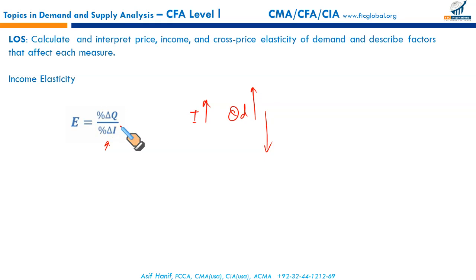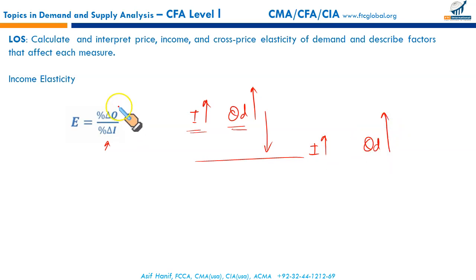Right? So normally when your income level rises, you start purchasing certain items in greater quantity, but not in the same proportion. Some items you start buying more in quantity, but some less. Right? So that's the idea. Now if the goods are normal, when my income goes up, my quantity demanded will also go up.